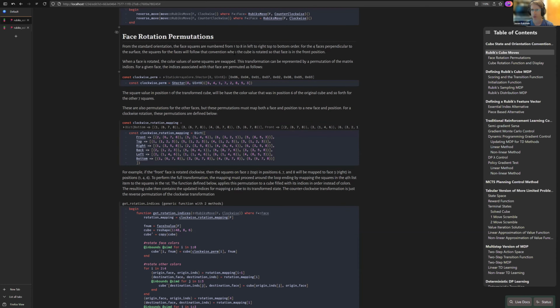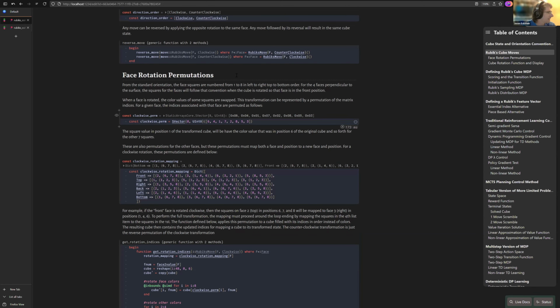So the first thing you have to do is, for the facelets that are actually on the face that you're rotating, that's always going to be the same transformation where you do this rotation, right? And you end up moving all of these around and permuting them. So I'm going to transform them into the 48 based index later. But for now, I'm just going to consider 1 to 8.